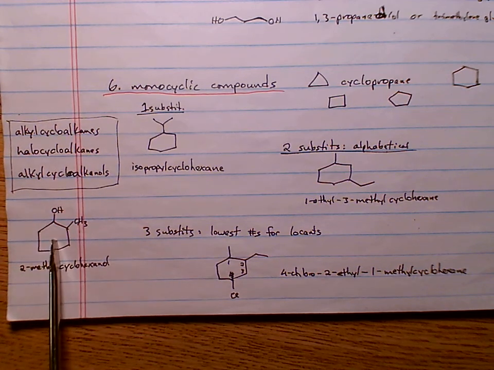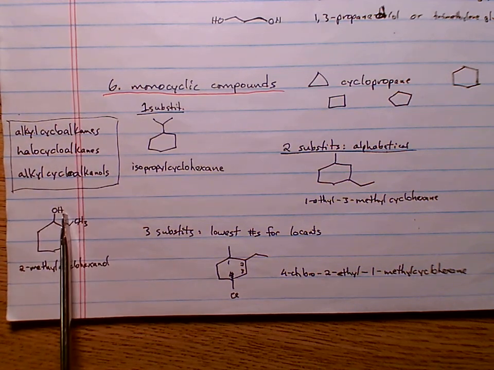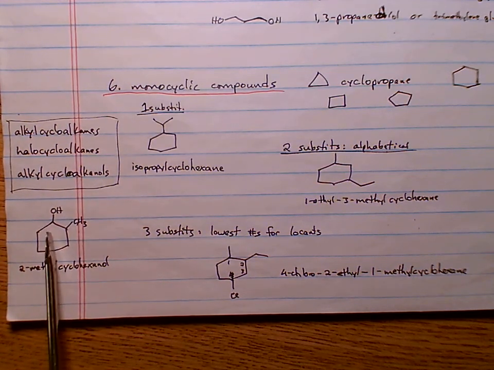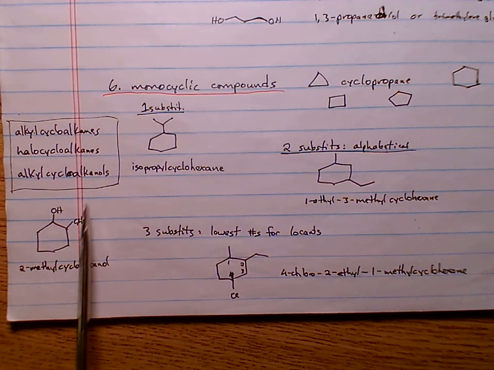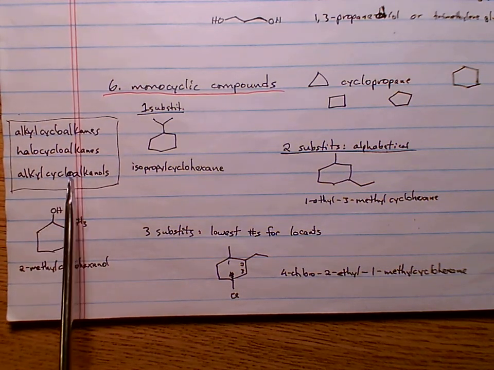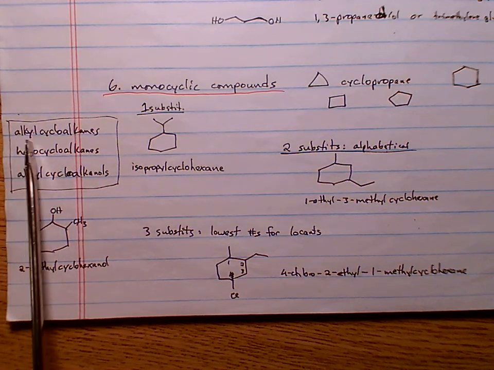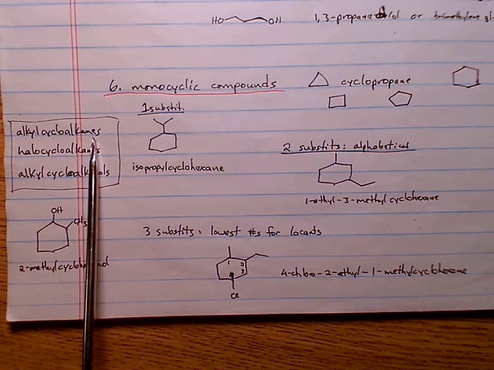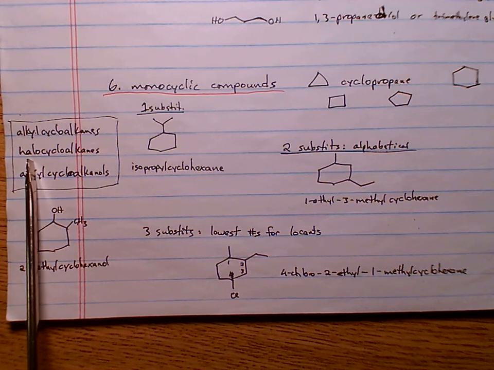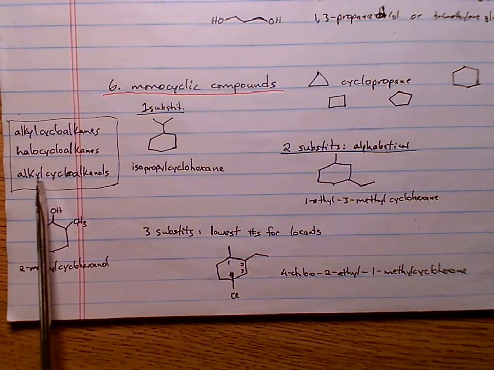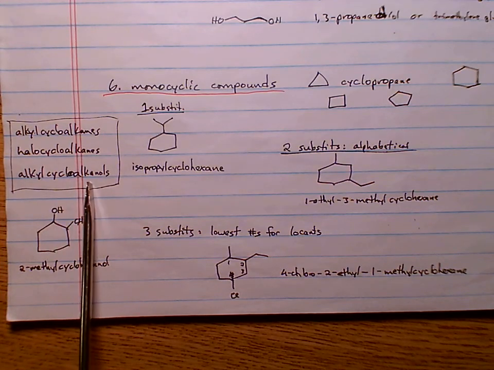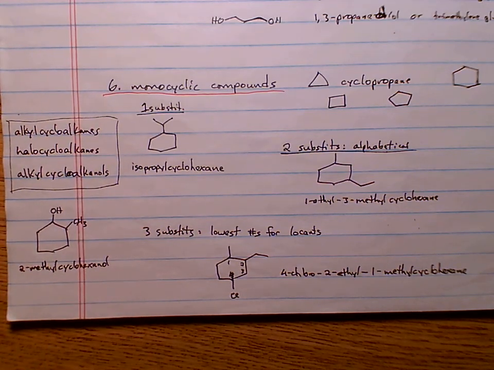And this would be an alkyl cyclohexanol, cycloalkanol. This is just another way of saying that if it's an alkyl group, then the parent is the cycloalkane. If there's a halogen group, the parent is the cycloalkane. If there's an OH on it, the parent is the cycloalkanol. It's the alcohol.